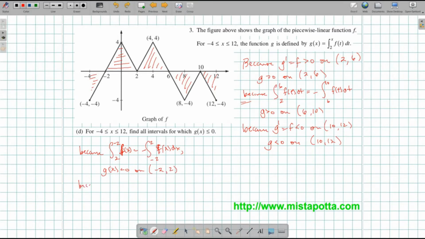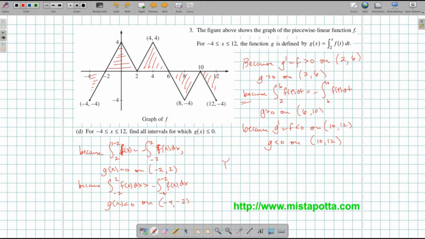And because the integral from negative 2 to 2 of f of x dx is greater than the opposite of the integral from negative 4 to negative 2 of f of x dx, then g of x is less than 0 on the interval from negative 4 to negative 2.